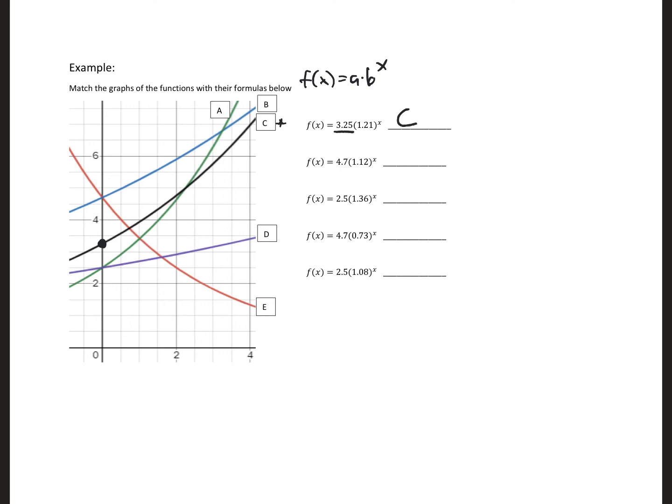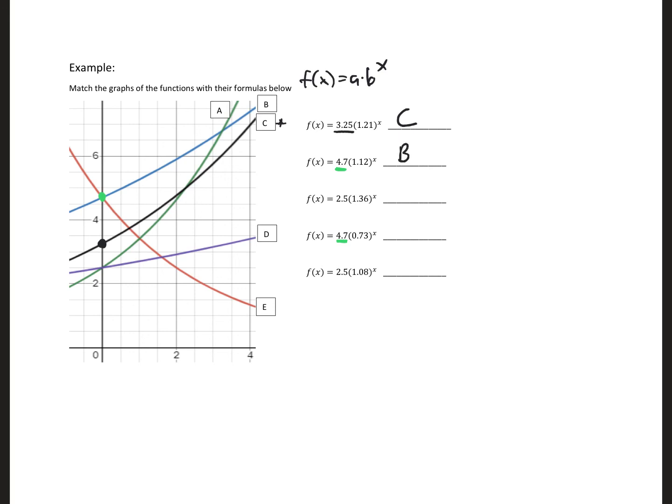The next function, you'll notice, has an initial value of 4.7. And there's another one that also has an initial value of 4.7. I assume that these two graphs have a vertical intercept near 4.7, graph B and graph E. Notice how graph B is increasing and graph E is decreasing.